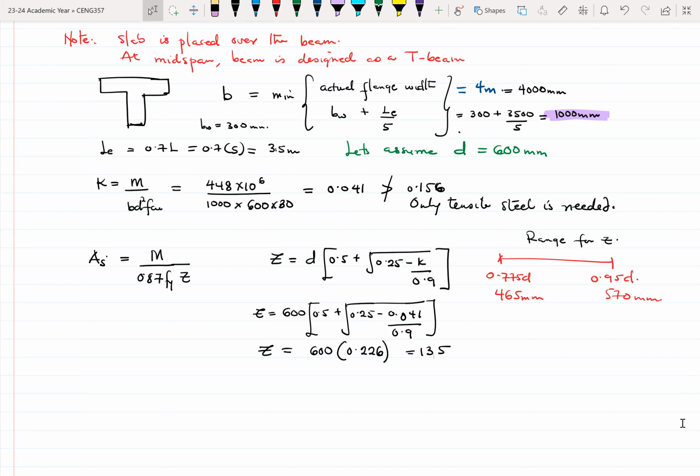I have to check my calculations again. 0.25 minus K, what is 0.041 over 0.9, square root of that, and then plus 0.5. Okay, so I think I made a mistake, and that makes sense because I can't get the answer I was trying to get. So let me just do the calculations again.